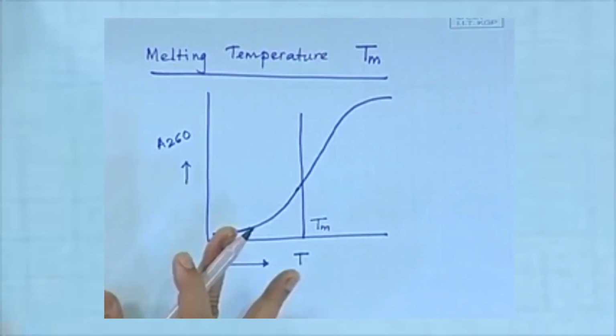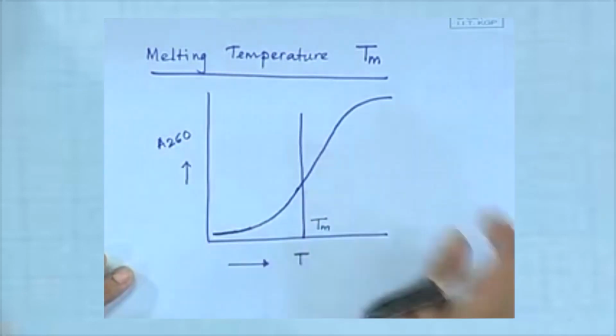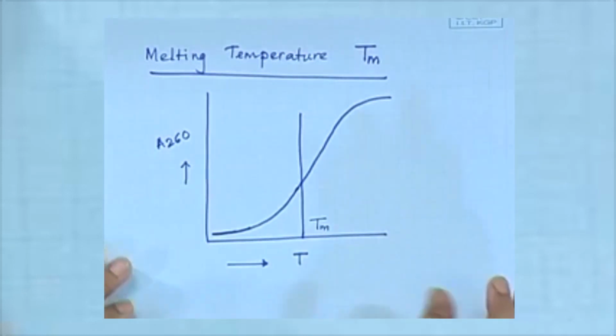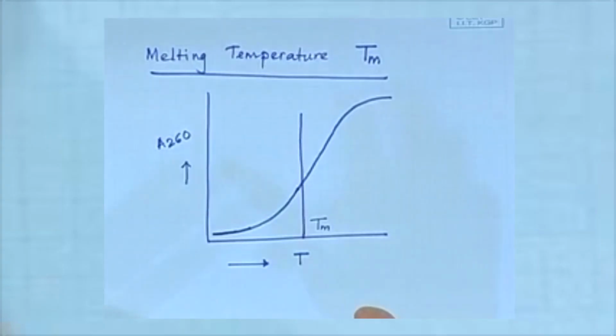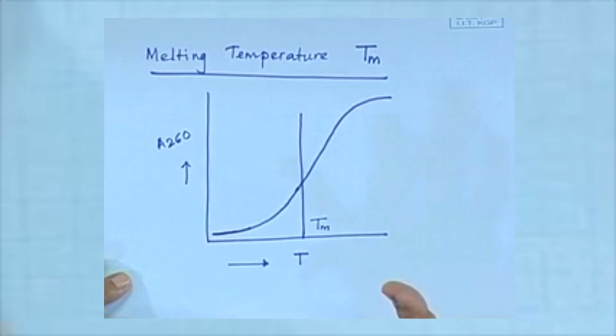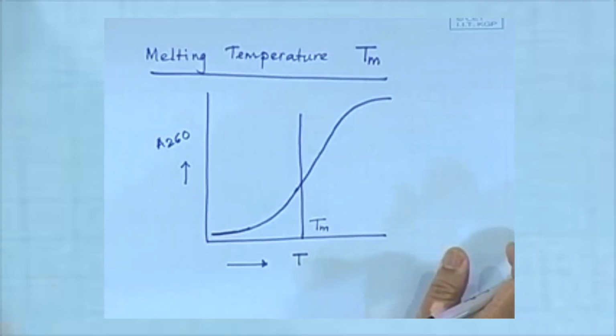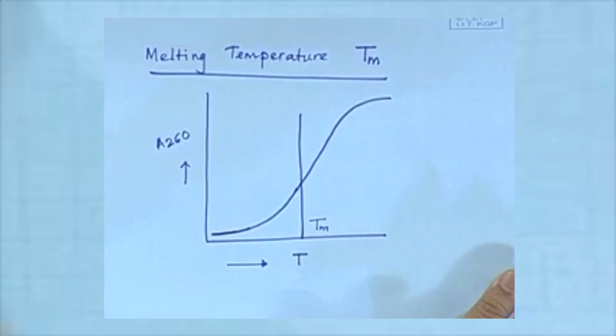Now, what did we do in the previous one that I showed you? We had the DNA curve, you are monitoring it at different wavelengths, right? And we found out that the maximum absorbance was at 260 nanometers, right? Now, this maximum absorbance at 260 nanometers increases when we increase the temperature.